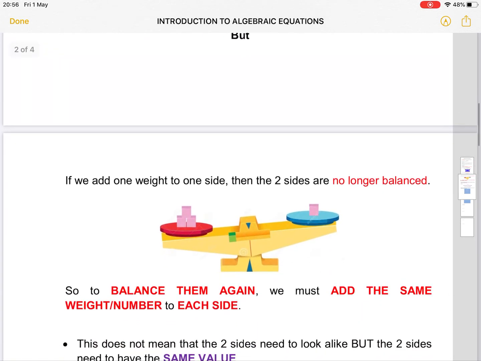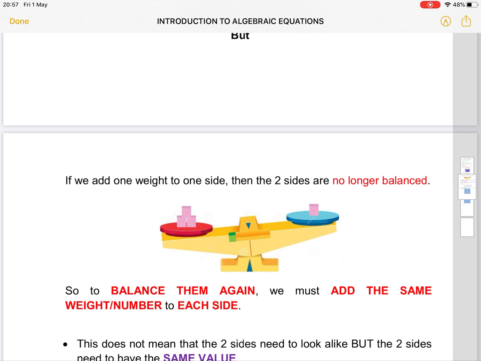But if we add one weight to one side, then the two sides will be no longer balanced. Okay, as you can see from the picture, on the left hand side we have 3 blocks, let's say. On the right hand side there is just one block.